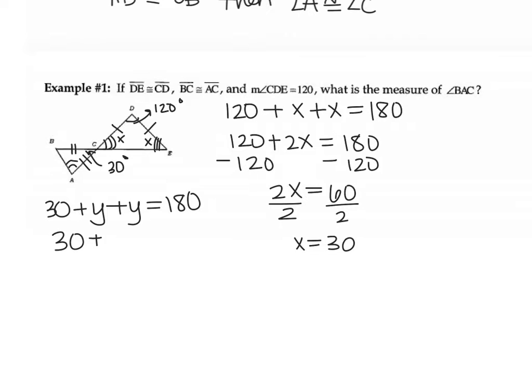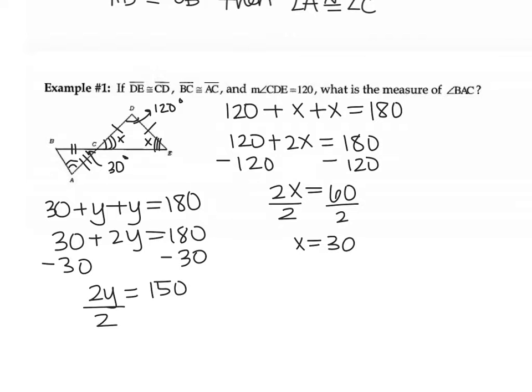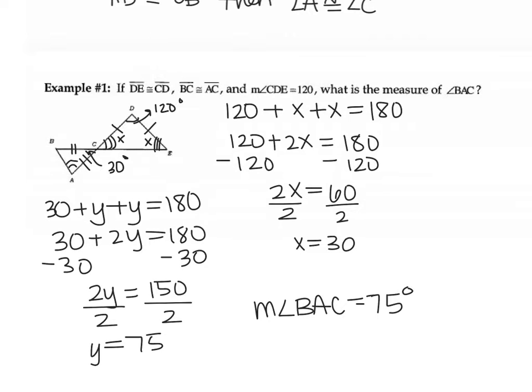So 30 plus 2y equals 180. Subtract 30 from both sides. We get 2y equals 150. Divide both sides by 2, and we get y equals 75, which means the measure of angle BAC is 75 degrees.